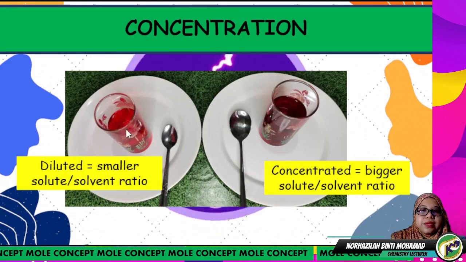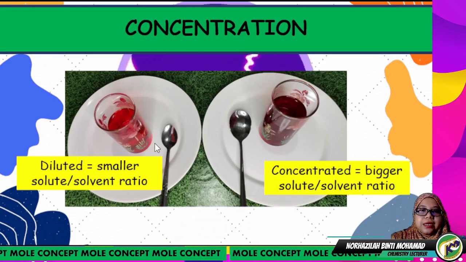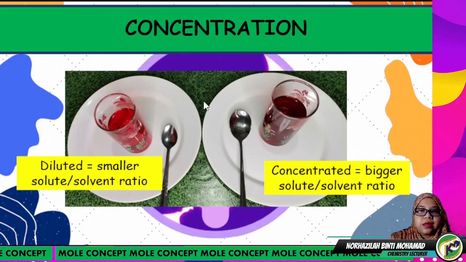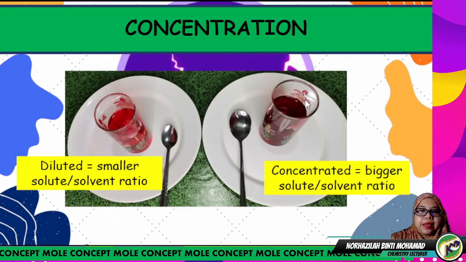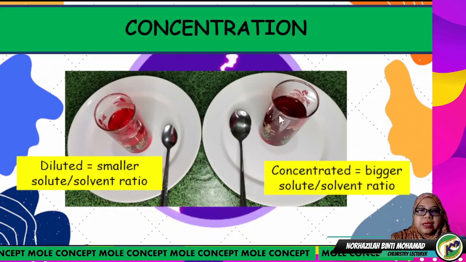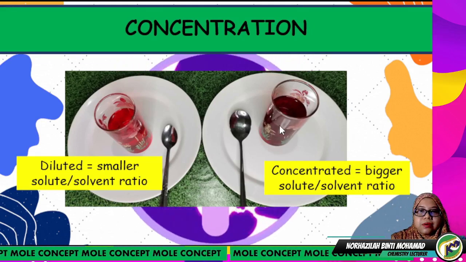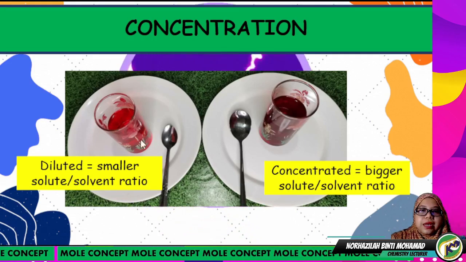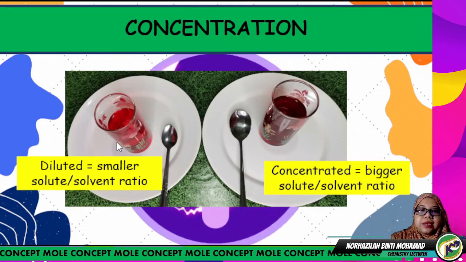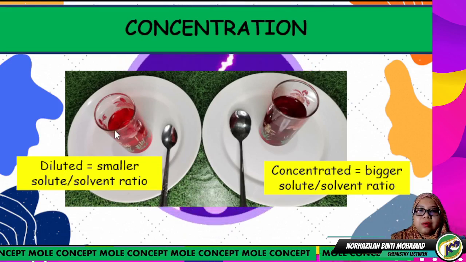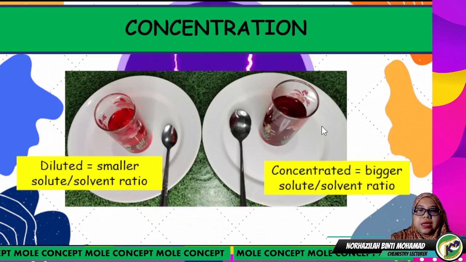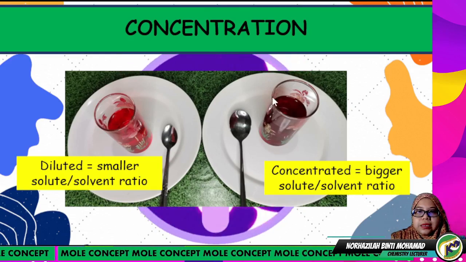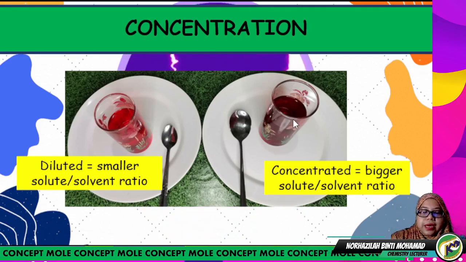Okay, so we see here that the amount of water is the same, but the amount of solute is different. Okay, the amount of solute is different. The glass on the left has a smaller amount of solute compared to the glass on the right side. Okay.